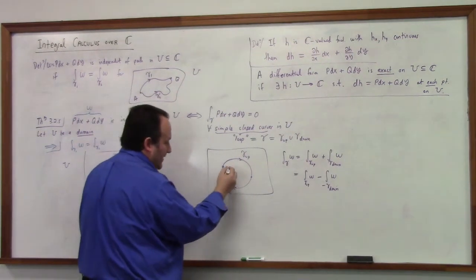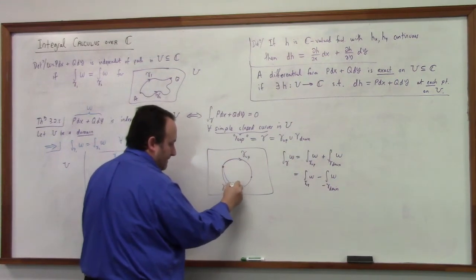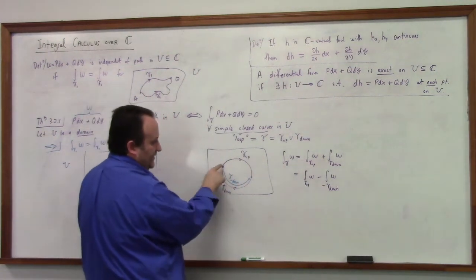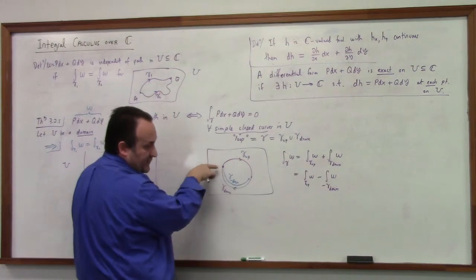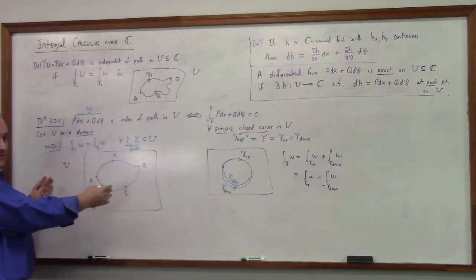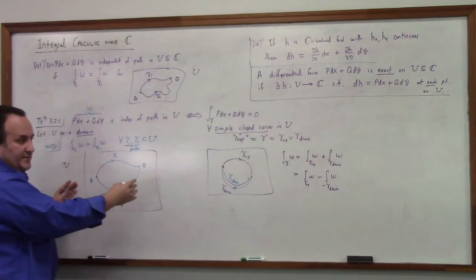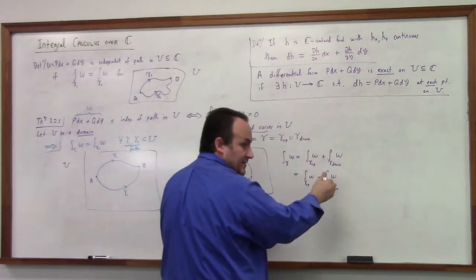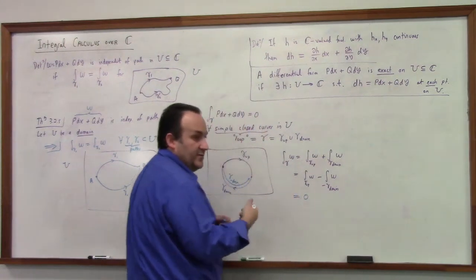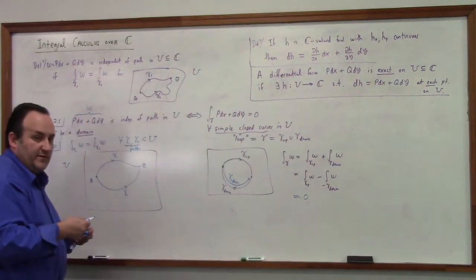So minus gamma down goes the other way. But notice that the integral over gamma up and the integral over minus gamma down are equal by the assumed path independence. So these cancel and you get 0. But the loop was arbitrary, so that proves that the integral on any loop is 0.